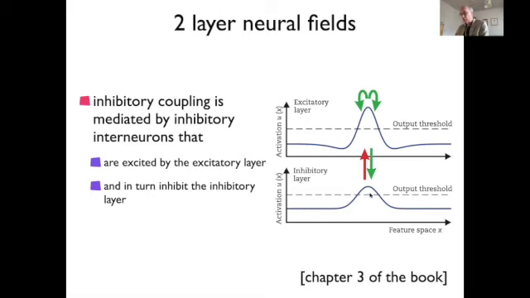So the special architecture that is common in the brain, you can actually analyze these cortical layers and they have a structure like that, is one in which these inhibitory neurons are not driven directly by afferent input from, let's say, the LGN or from the retina, but they're driven by neurons that are excitatory in nature that receive that input and then pass it on to the inhibitory layer.